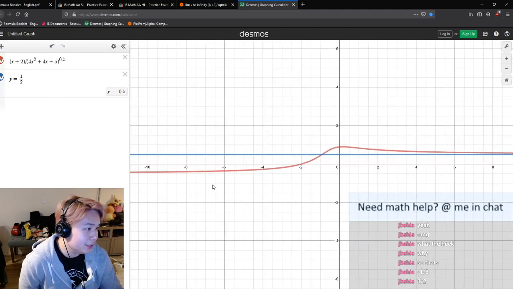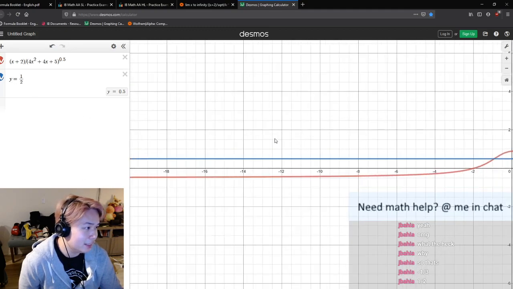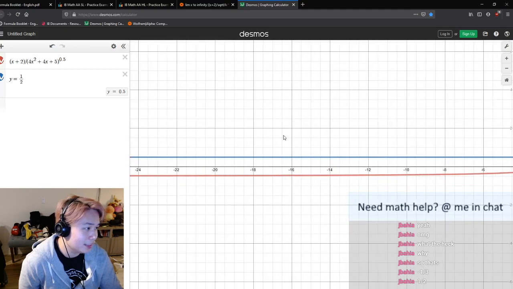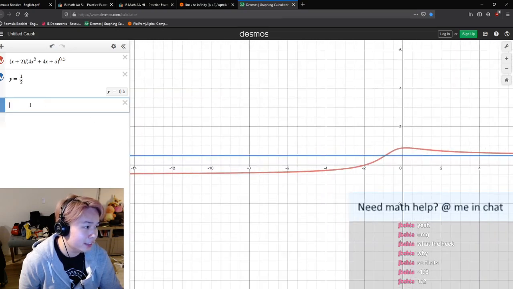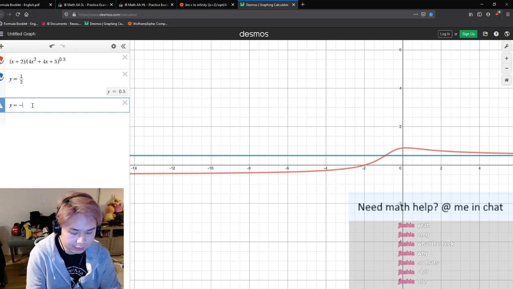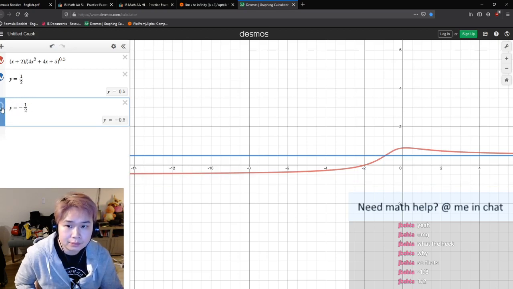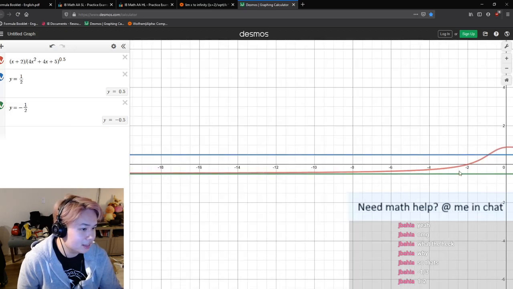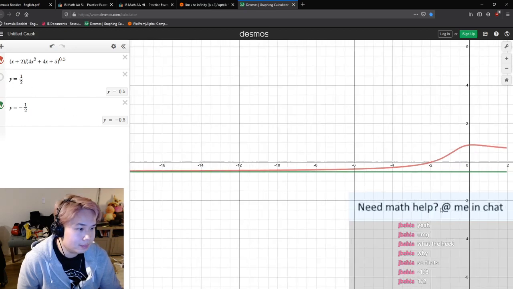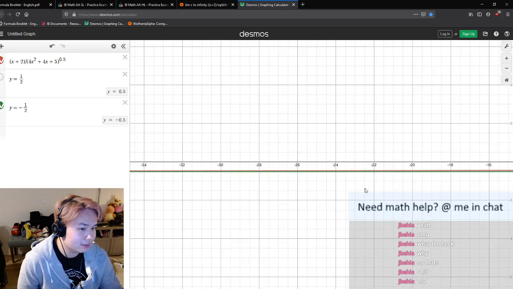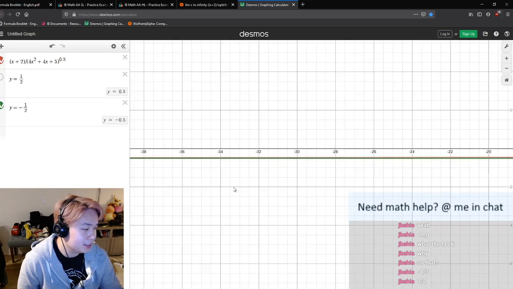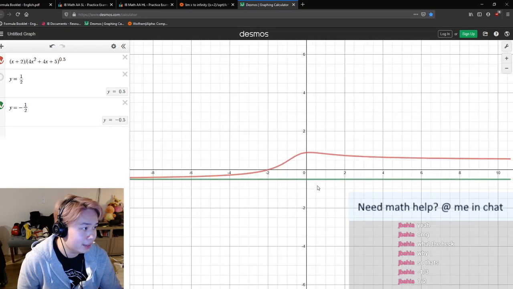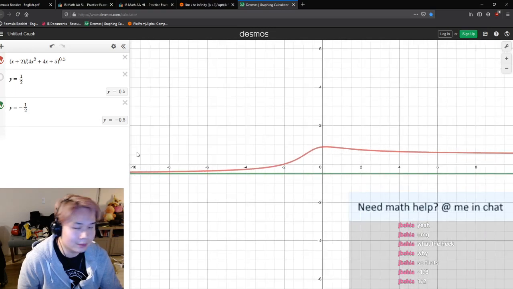But when you go to the left, it does not approach the same horizontal asymptote. It actually approaches negative 1/2. So if I move to the left, it's negative 1/2. So you have 2 horizontal asymptotes. One when you go to the right side and one when you go to the left side.